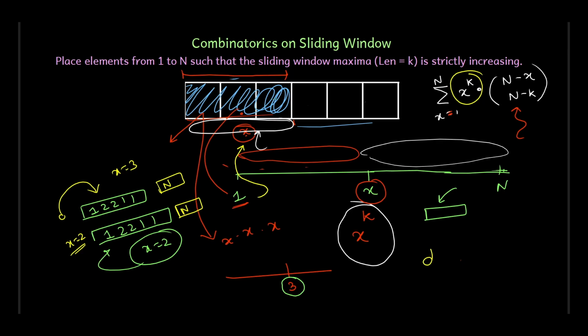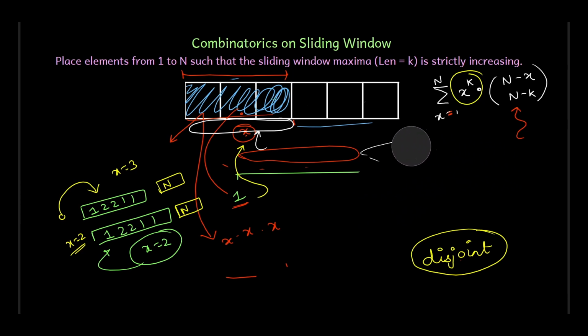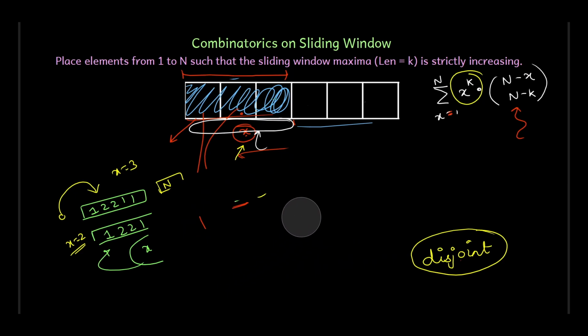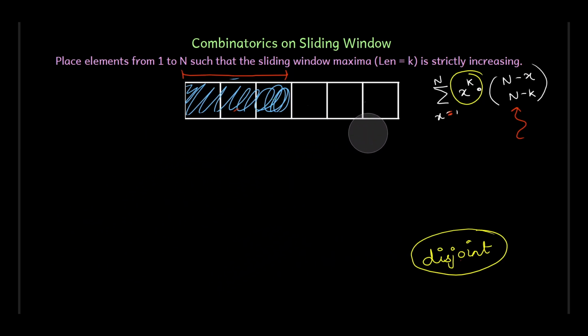That is why this is not disjoint, and this is one important thing that you have to take care of in competitive programming: whenever you are solving contribution technique problems, you have to make a choice and make sure that the choices are not just disjoint but also exhaustive. That is, they should cover all possibilities.